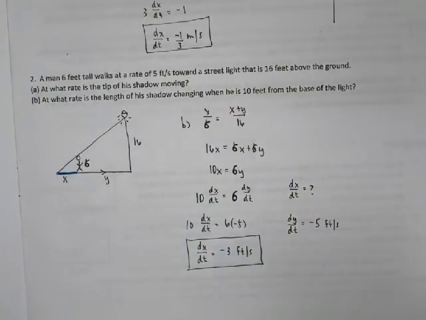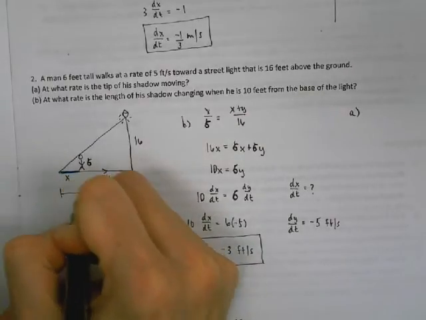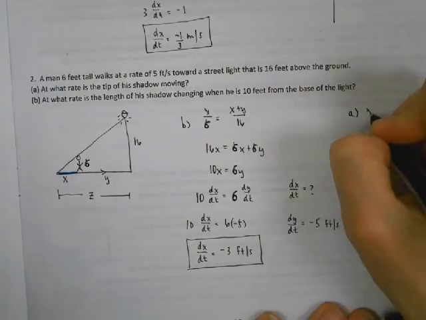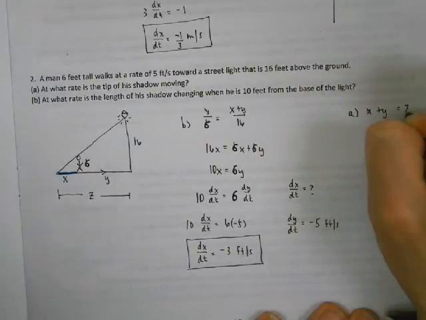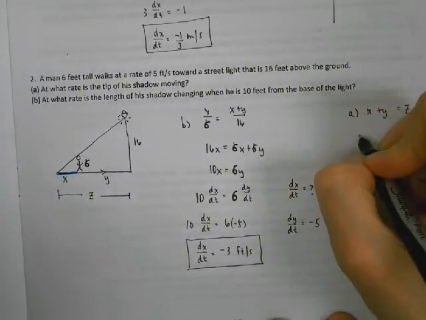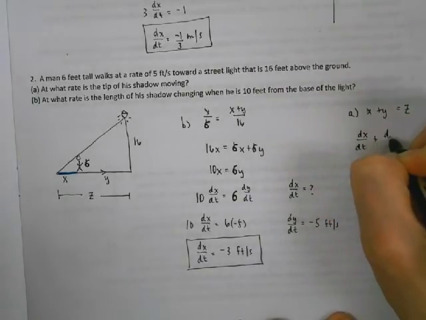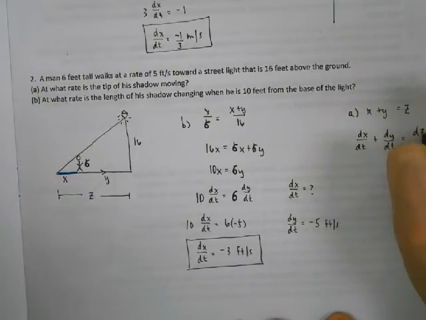So now I want to talk about how fast the tip of that shadow is moving. So again, here's where we know that we have x plus y is equal to z. So now if I differentiate with respect to t, I get dx/dt plus dy/dt equals dz/dt.